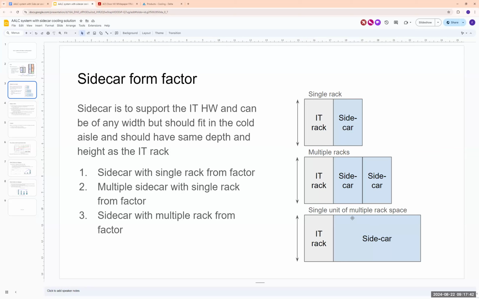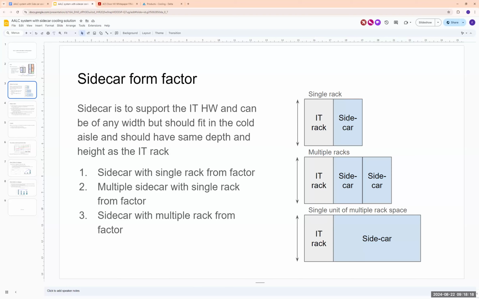It could be a bigger sidecar also, where you're supporting the IT gear, because from my understanding, I have seen the sidecar going from 25 to 40 kW-ish, but with the IT rack demand going anywhere between 40, 80 to 120, these might have to evolve.